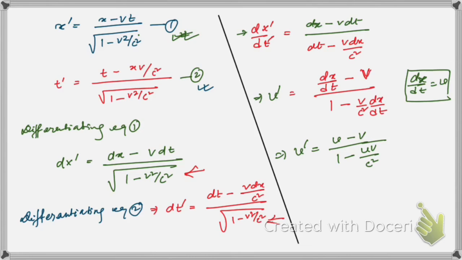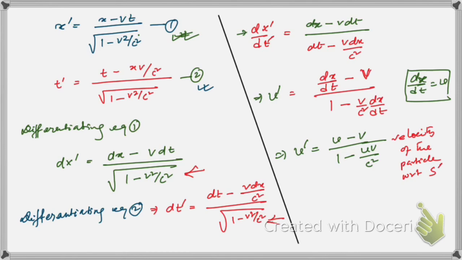This is the velocity of the particle with respect to the frame S dash, right?